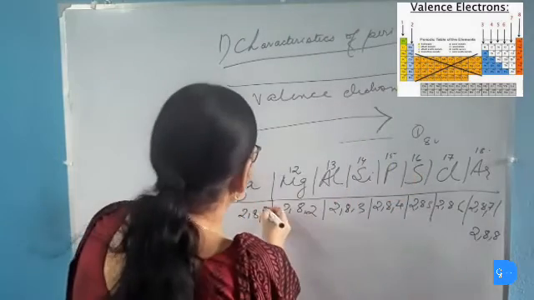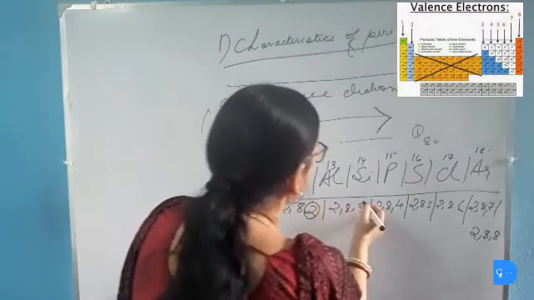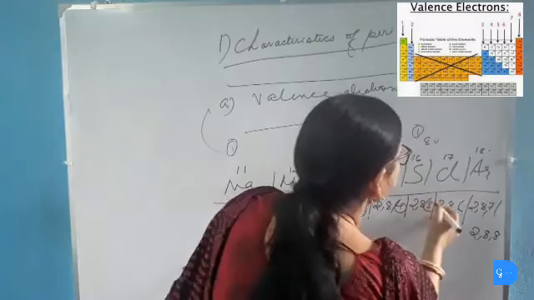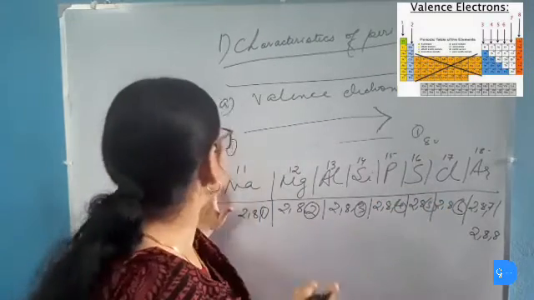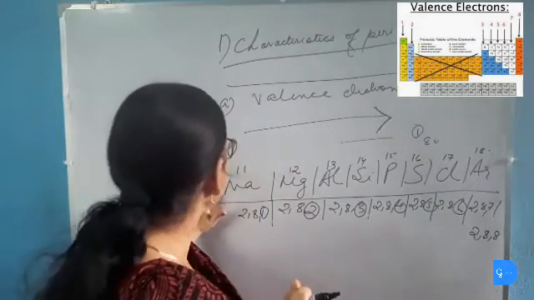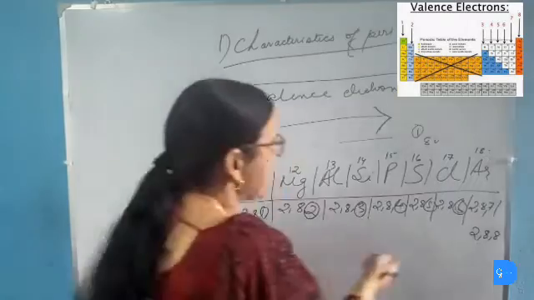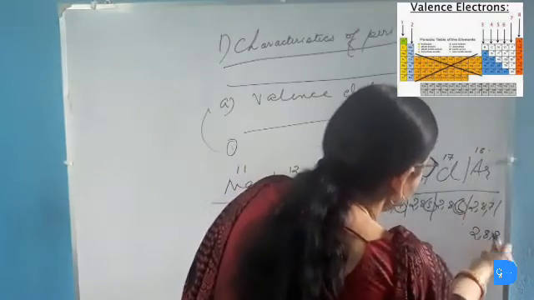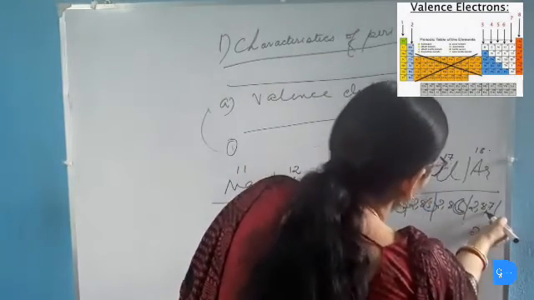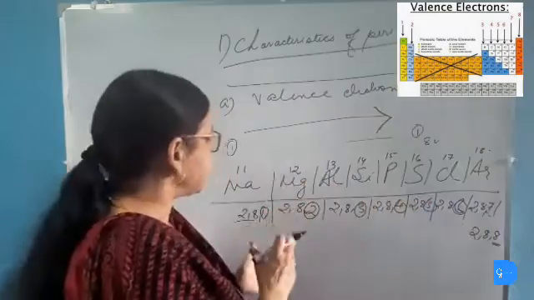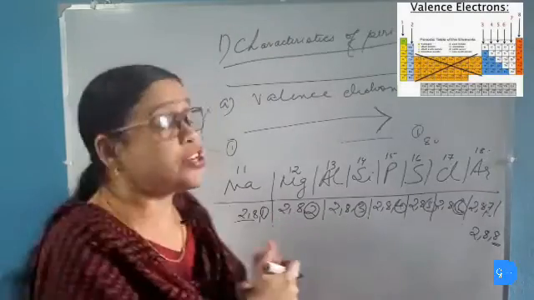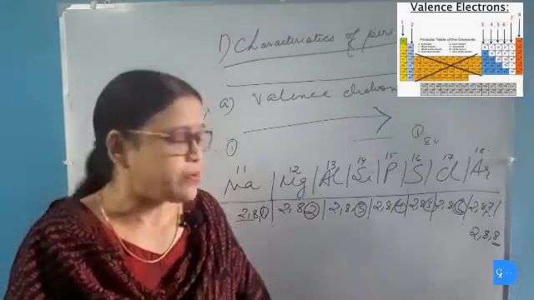Thus we can see that the valence electrons are also increasing consecutively. The first element, sodium of the third period, has 1 valence electron, and the last element argon has 8 valence electrons. Chlorine has 7 valence electrons. Thus it is clear that valence electrons increase consecutively in the period.